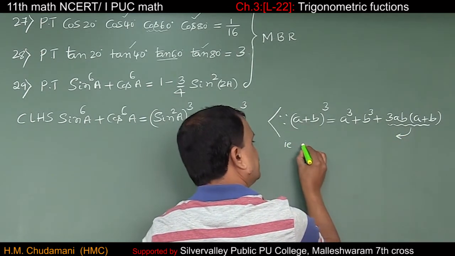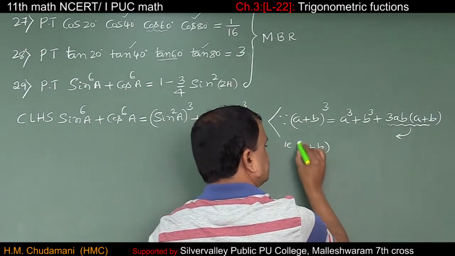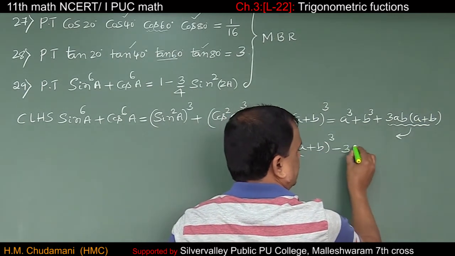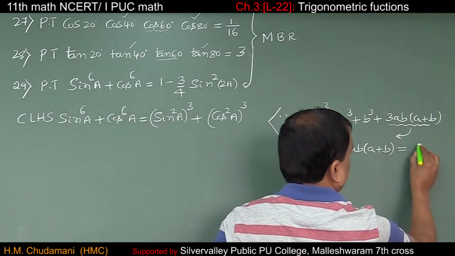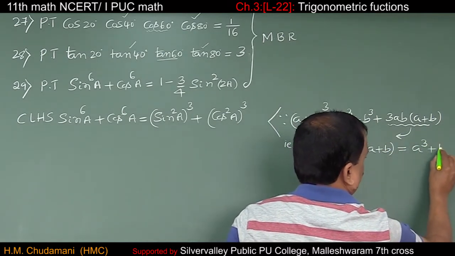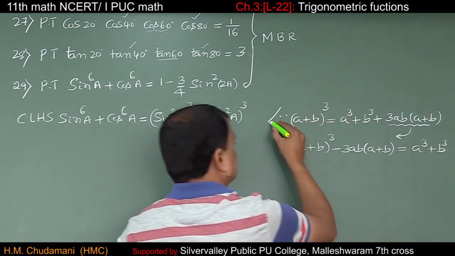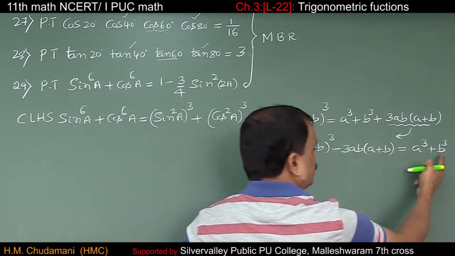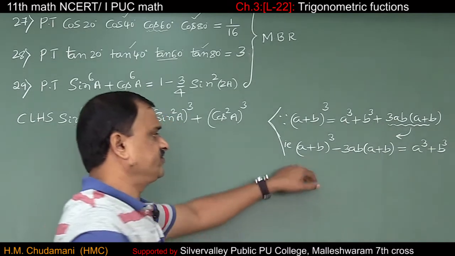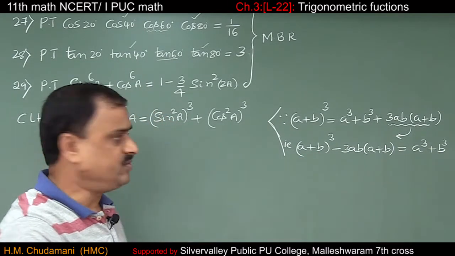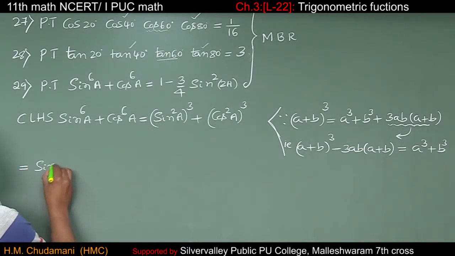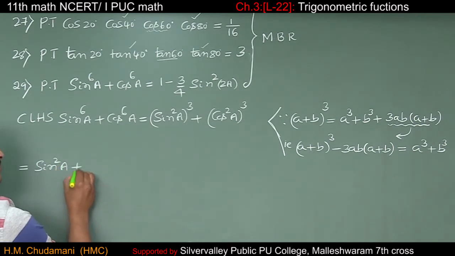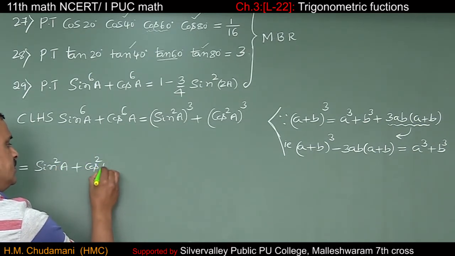That is (A plus B) whole cube minus 3AB into (A plus B) is equal to A cube plus B cube. Please remember this. See here, A is nothing but sine square, B is cos square.